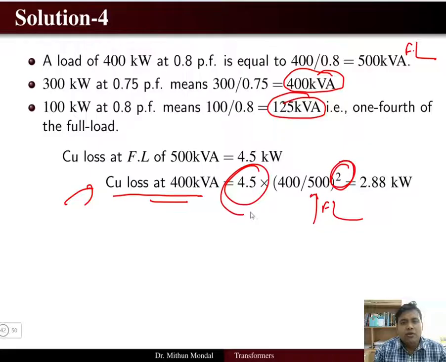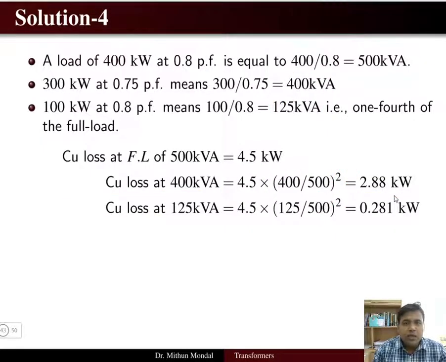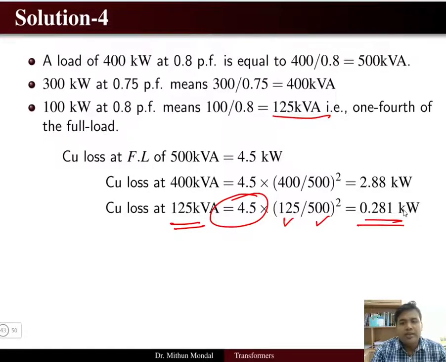So this is your full load data, 4.5 kilowatt, and 400 kVA divided by full load kVA squared, you get 2.88 kilowatt. Now at 125 kVA, what is your copper loss? That is 0.281 kilowatt, from the copper loss under the full load condition, 125 divided by full load kVA squared, you get 0.281 kilowatt.